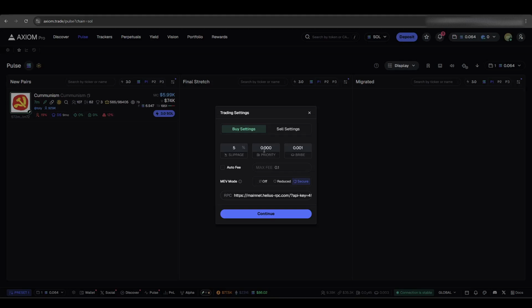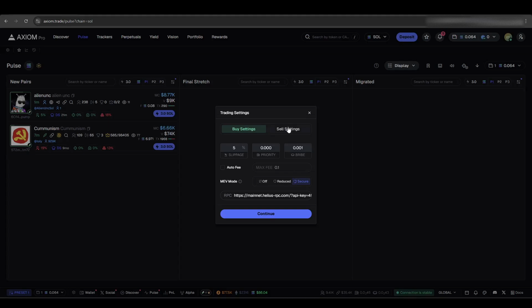Okay, priority is basically how fast you will get filled, and bribe also adds to the priority. So if you put a higher bribe, then the chance that you get filled is a lot higher. But if you're not trading with huge amounts, honestly, a lower slippage and a low bribe and even no priority at all. I see for sell, I have a priority because usually when you're selling, it's more important to get filled quicker than when you're buying, right?